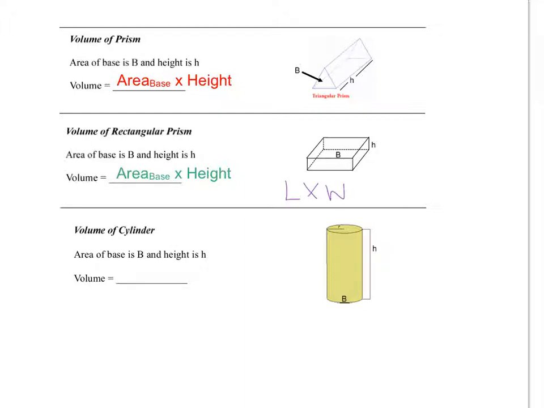We already know that length times width is the area, so area of the base times the height. We sometimes think of the volume of a rectangular prism as length times width times height, but you can also think of it as area of the base times the height. Notice the volume of a triangular prism was area of the base times the height. The volume of a pentagonal prism would be area of a base times the height.